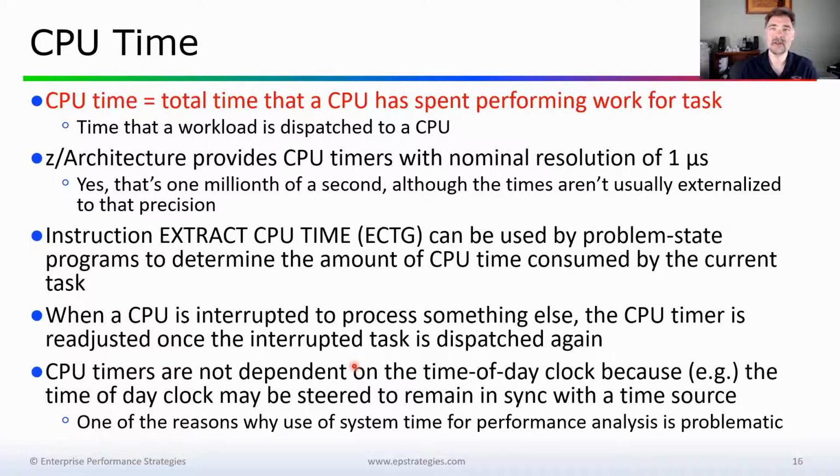Okay, so let's start with the most basic definition, which is CPU time. CPU time is the total time that the CPU has spent executing work for a particular task.